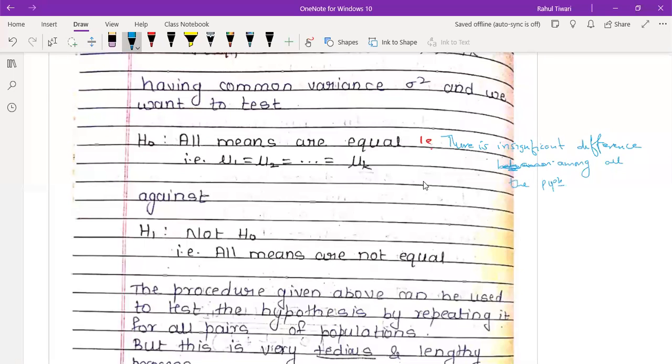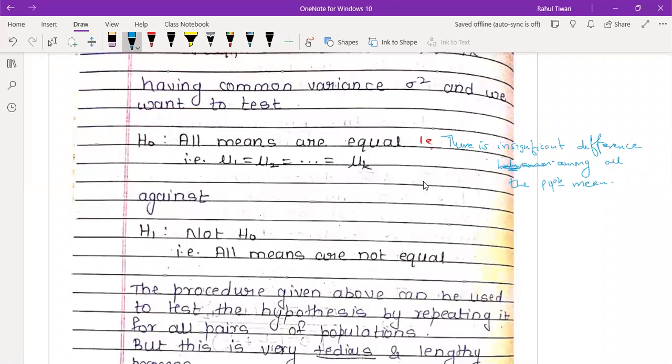I can write it like this also, insignificant, or you can say not significant. So there is an insignificant difference among all the populations.